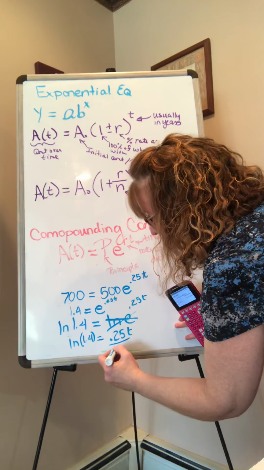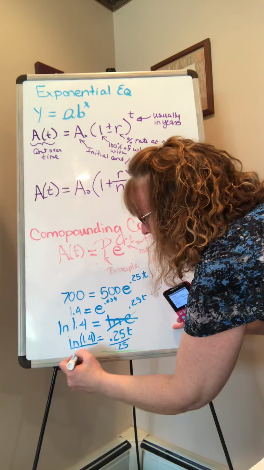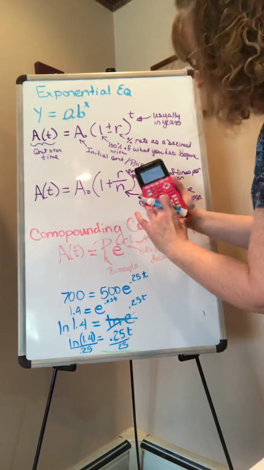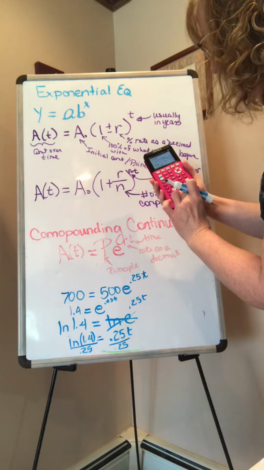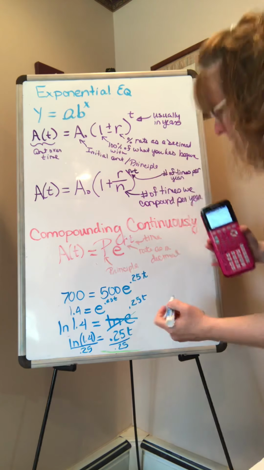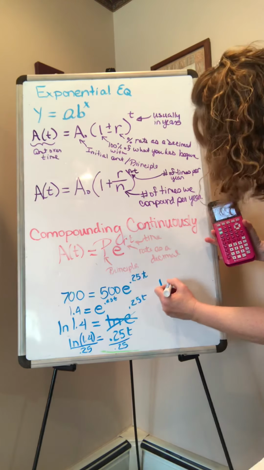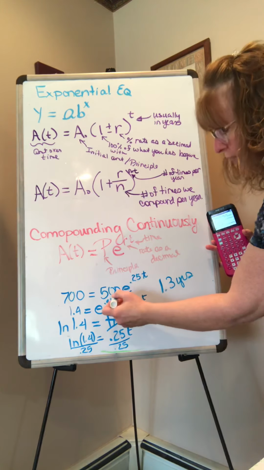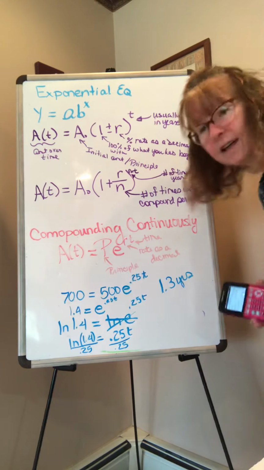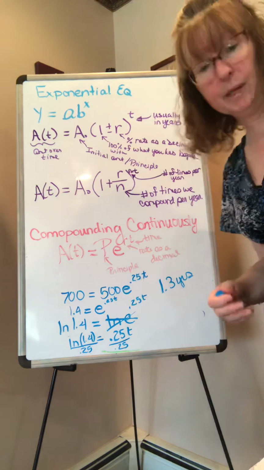So now I'll divide by 0.25. And the natural log of 1.4 divided by 0.25 tells me it only took 1.3 years for a $500 jacket to cost me $700 if I am not making big payments on my credit card.